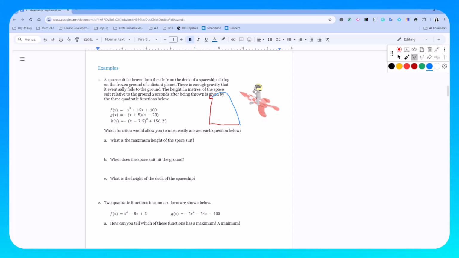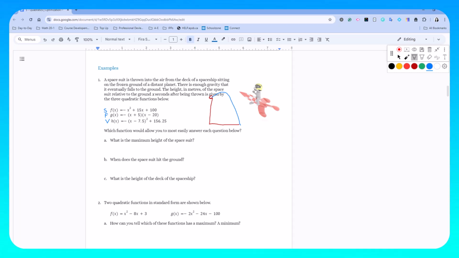These three functions in their different forms, standard form here is f of x, factored form here is g of x, and vertex form here is h of x, are all the same function written in different ways that map out this path right here.